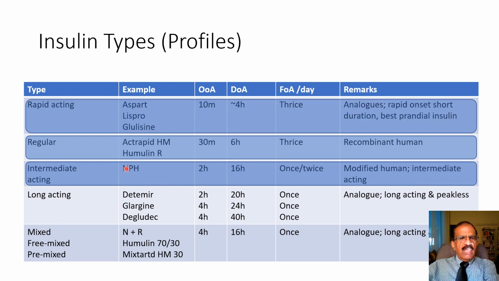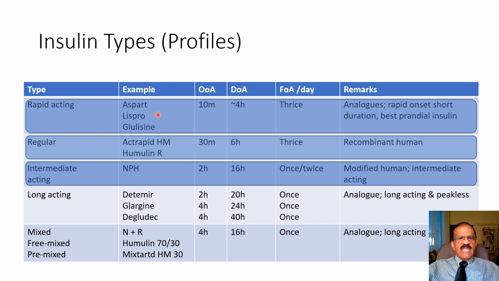And then we talk about the rapid acting. There is some confusion. This is regular, and this is also called short acting. You could call regular short acting, and this is analog rapid acting, because this takes about 30 minutes and this takes only 10 minutes because this one does not make hexamers.